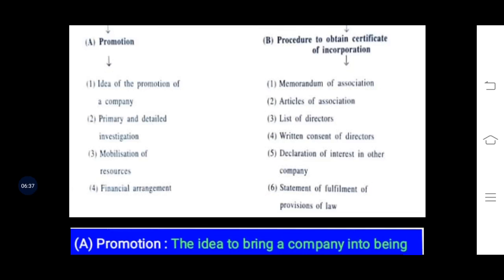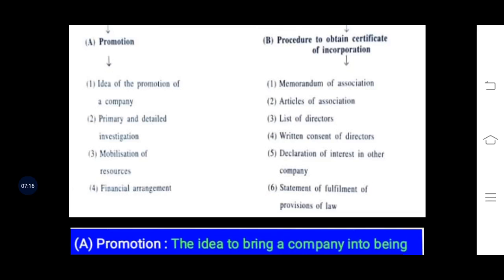But it is difficult to make changes in the Memorandum of Association, as it is the basic document of the company. Only if there is an amendment in the Companies Act, providing that for a particular case there can be alteration in the Memorandum of Association, only then can it be altered, otherwise not. So there should be a provision in the Companies Act, whereas the Articles of Association can be altered by passing a resolution in the meeting.